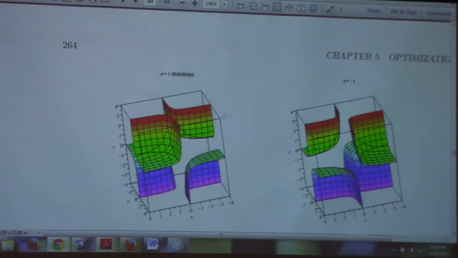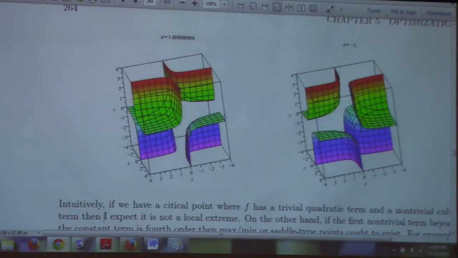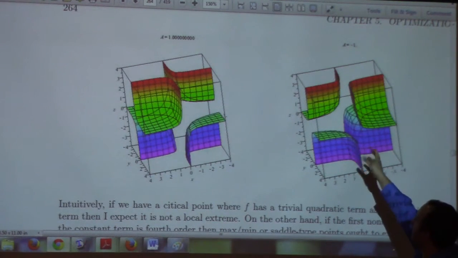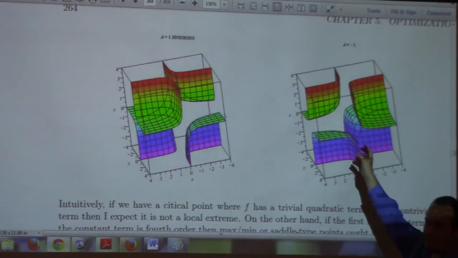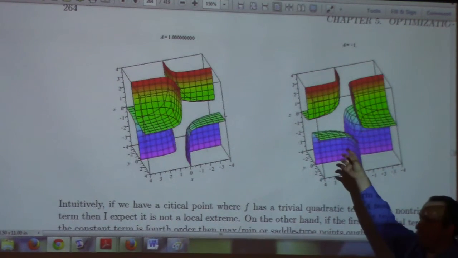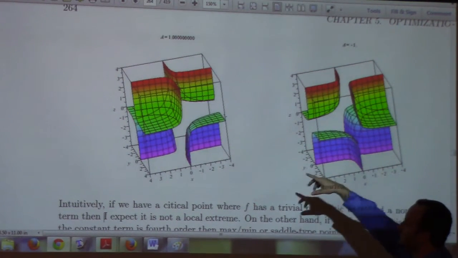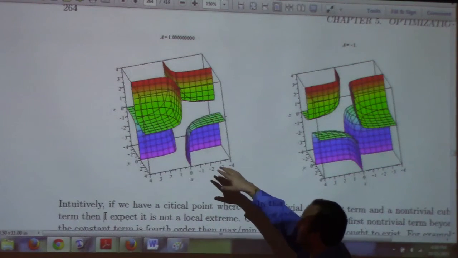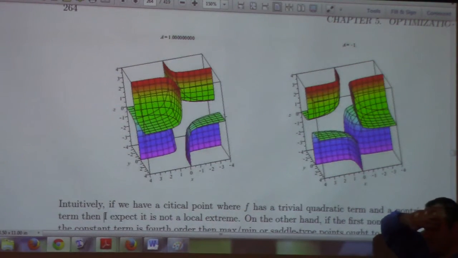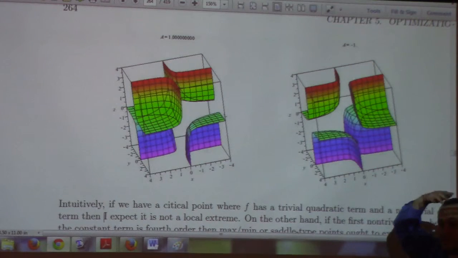Or, if I've got a critical point, maybe I'm looking at the maximum values of a function of 3 variables on the unit sphere, or the maximum of the function 1 over x, y, z.